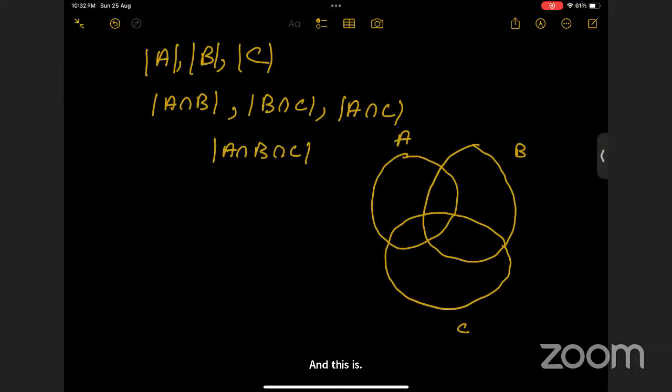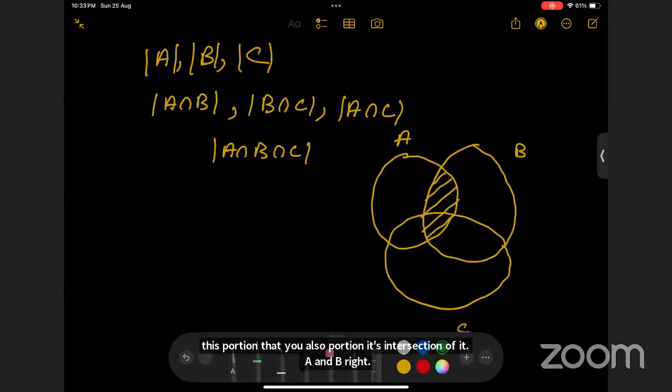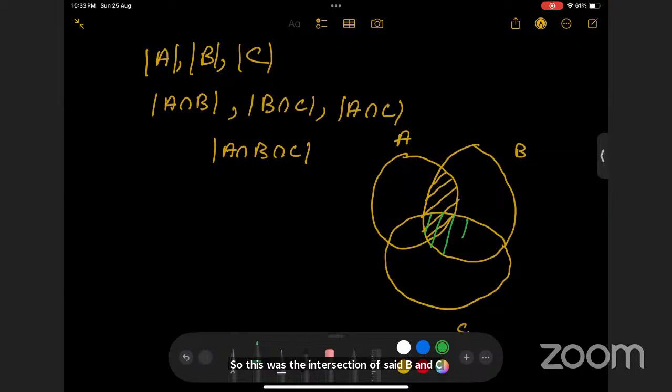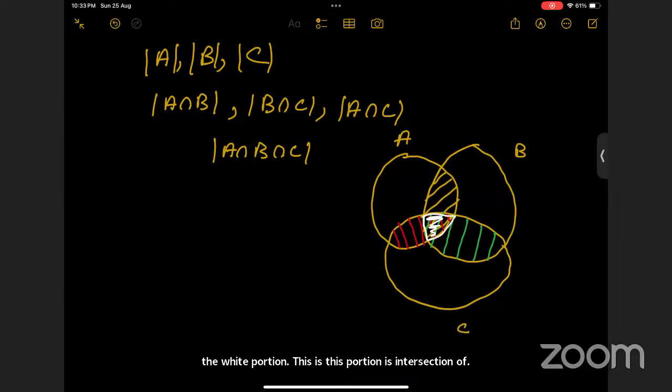This yellow shaded portion is the intersection of sets A and B. This is the intersection of sets B and C, and the red shaded portion is the intersection of sets A and C. And the white portion is the intersection of A, B, and C.